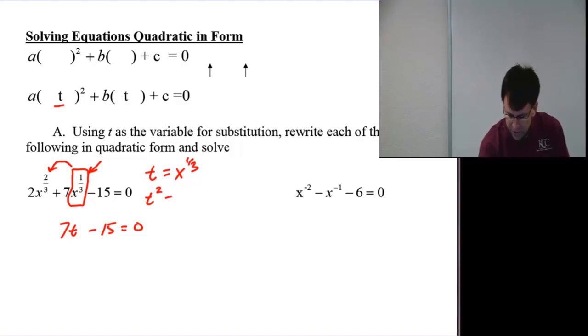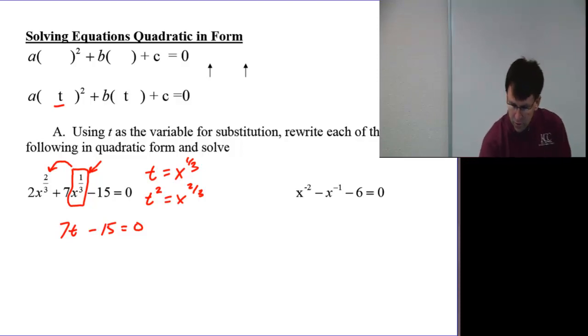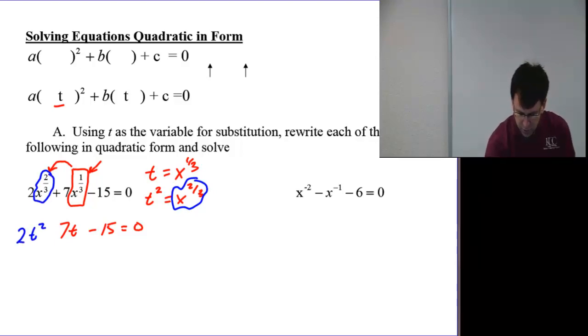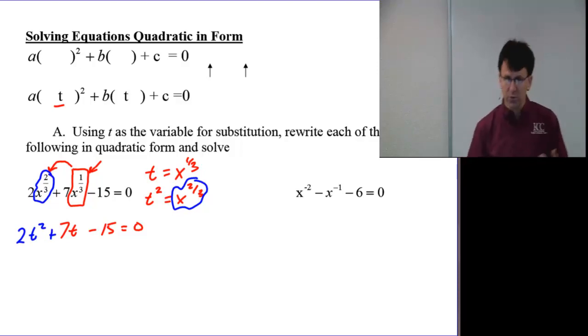So is it fair to say that t squared would be the same thing as x^(2/3)? And so my substitution is that I've got this x^(2/3), which is right here, so I can just call that t squared. So this becomes 2t squared plus 7t minus 15 equals 0. It's a t substitution to get it into a perfect quadratic.